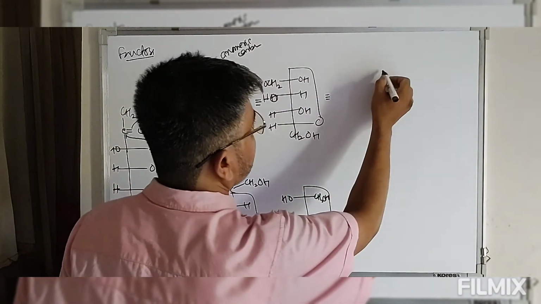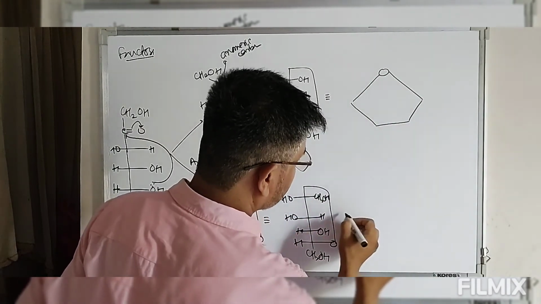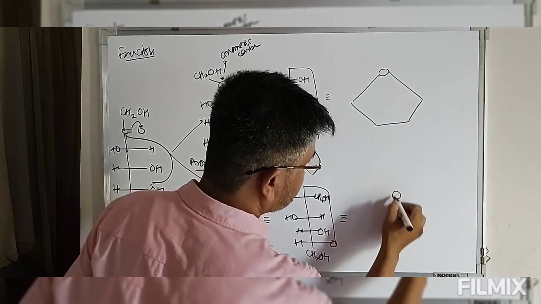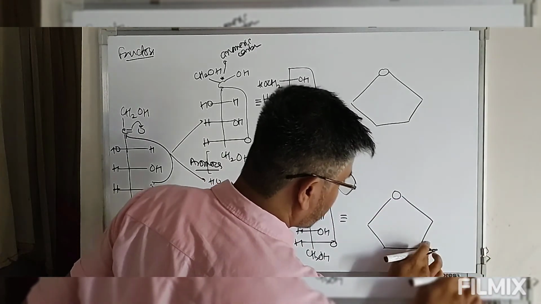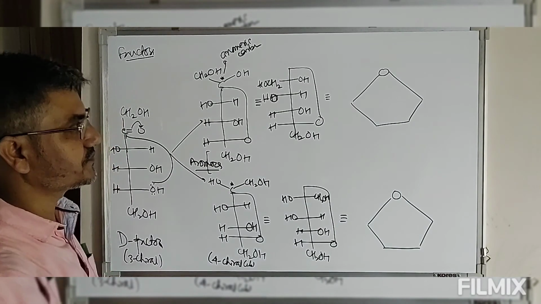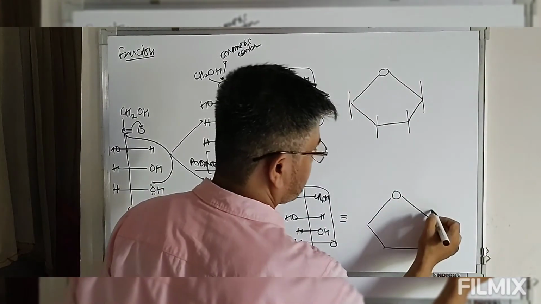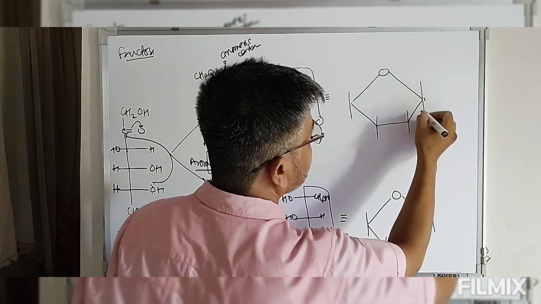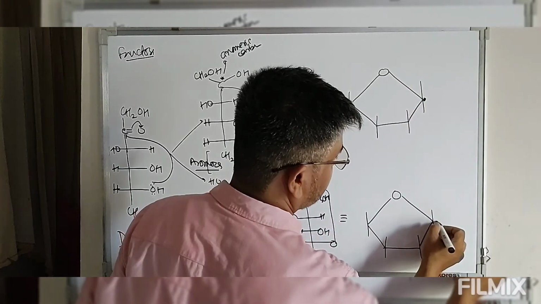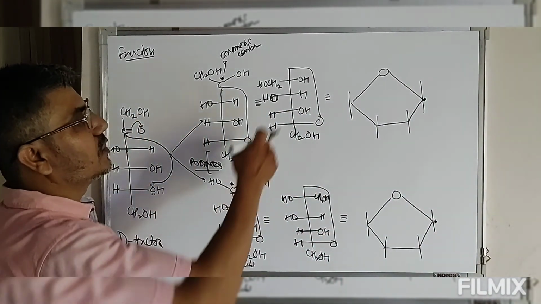We say this is a 5-member cyclic structure. This 5-member cyclic structure of fructose is known as the furanose ring. This is the anomeric carbon.